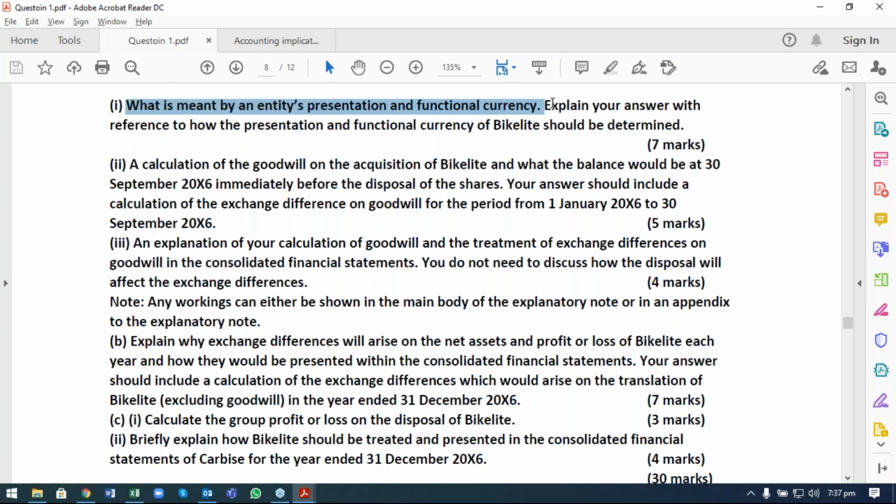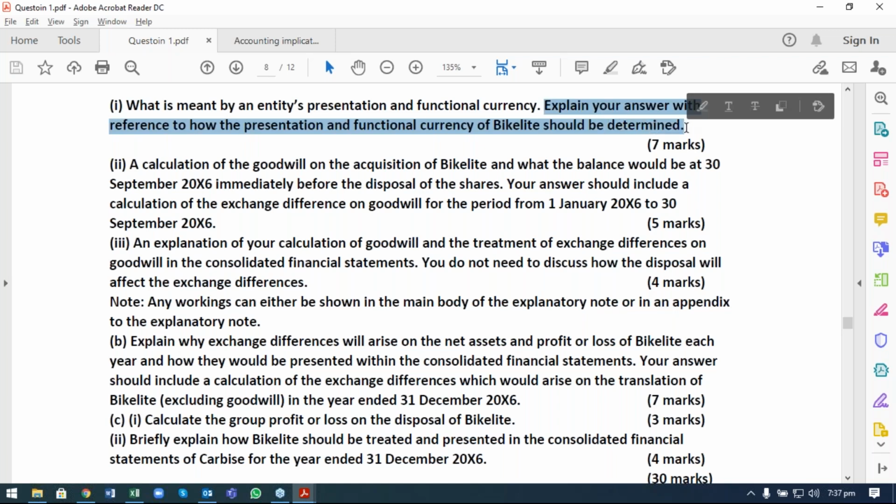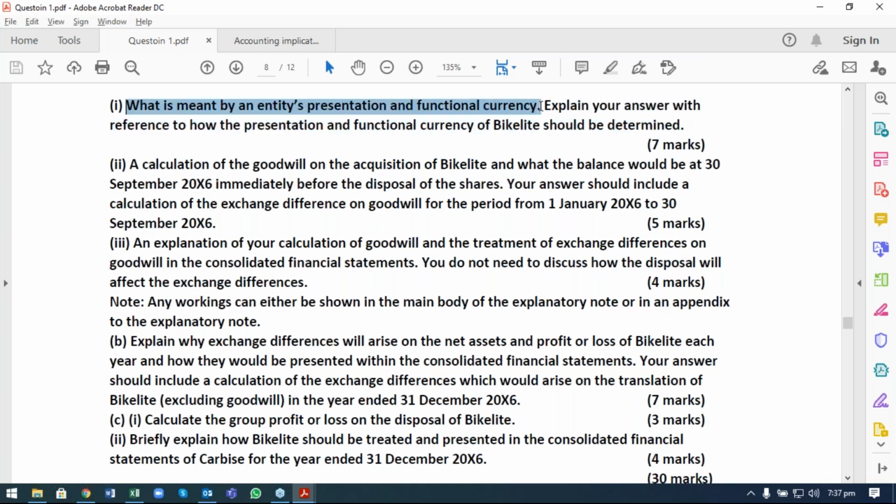Because we started explaining our question from this point. This is a learning aspect for everyone, that we have to look into the whole aspect of the question, because while answering, I started my answer from this main section. I never looked into what is meant by an entity's presentation and functional currency.